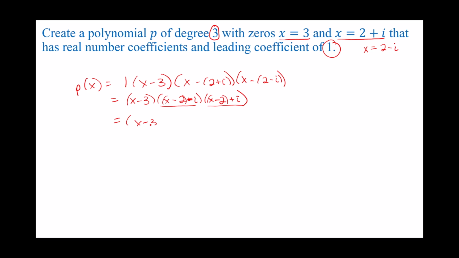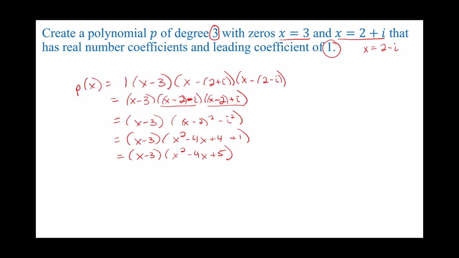So I have x minus 3 times x minus 2 squared minus i squared, which would be x minus 3 times x squared minus 4x plus 4 plus 1. Negative i squared would be negative negative 1, which is positive 1. So x minus 3 times x squared minus 4x plus 5.